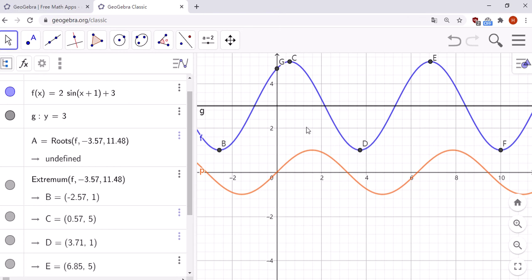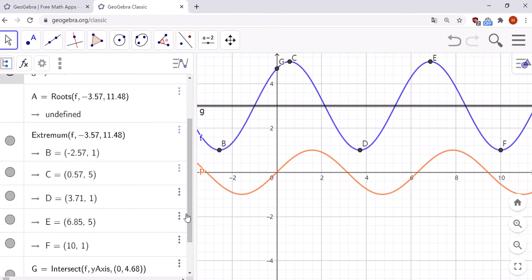And then from C to E is 1 period. C is 0.57, E is 6.85. 6.85 minus 0.57 is 6.28.